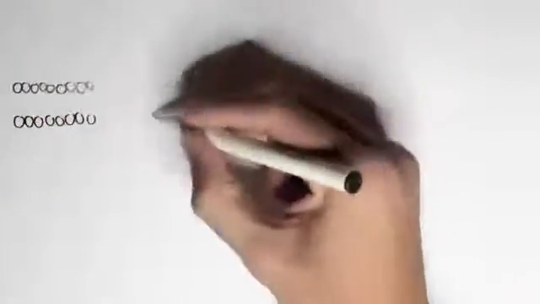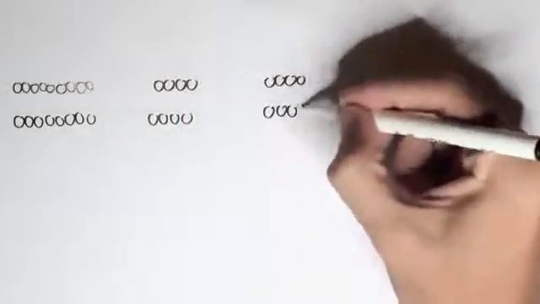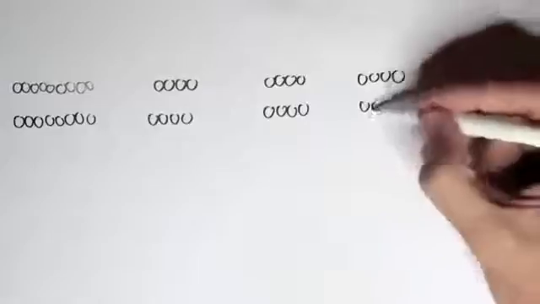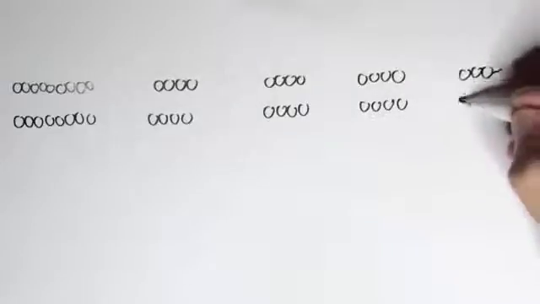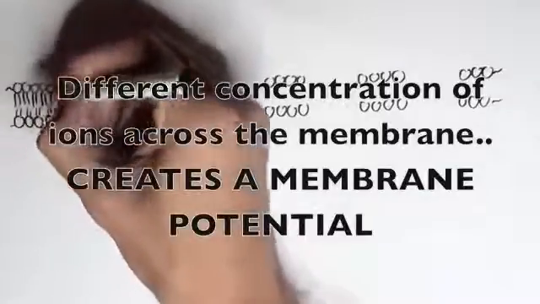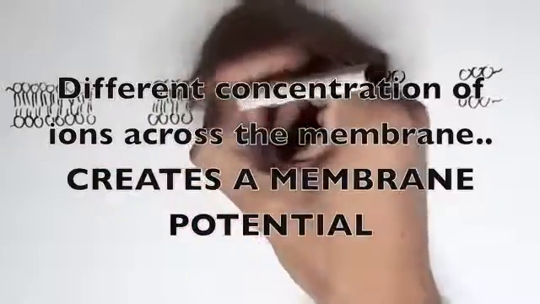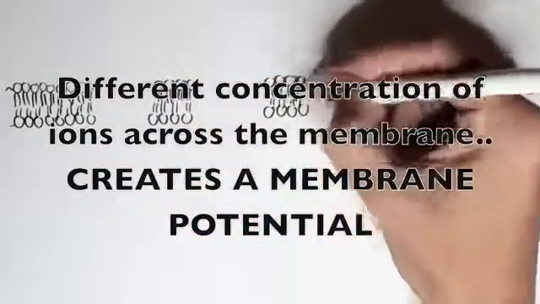Here we have a cell membrane of any type of cell, but for now we'll just say it's a cardiac muscle cell or cells within the heart. Now, the cells within the heart have a membrane potential. A membrane potential is the difference in electrical potential between the inside and the outside of the cell. And this is due to the different concentration of ions across the membrane, so different concentrations of ions on the outside with respect to the inside.